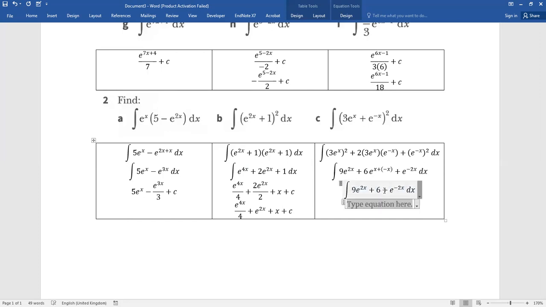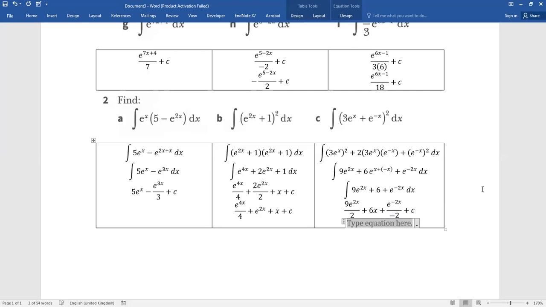Okay, now can we integrate it? 9e to the power 2x upon 2 plus, what about 6? So 6x plus e to the power negative 2x upon negative 2 plus c.